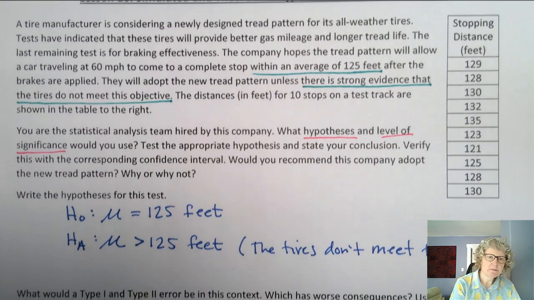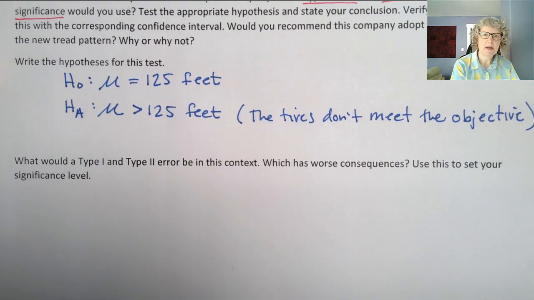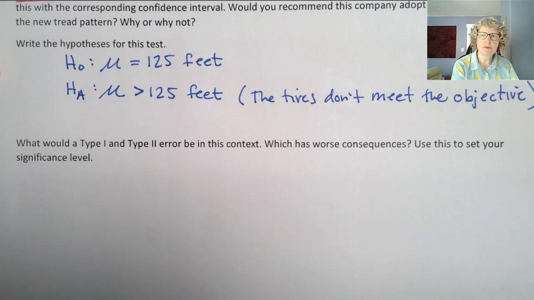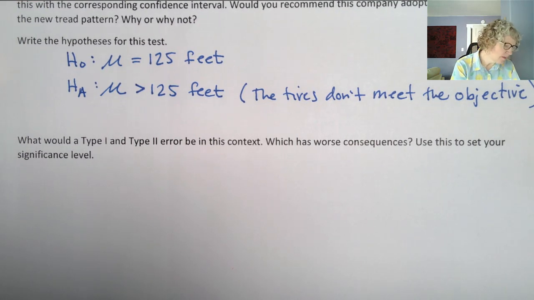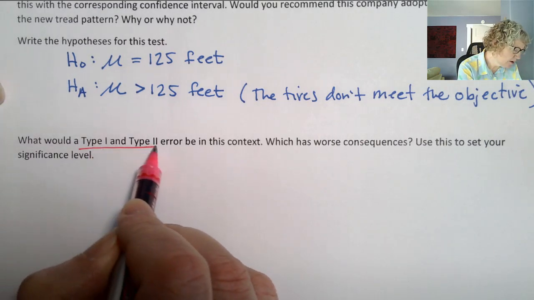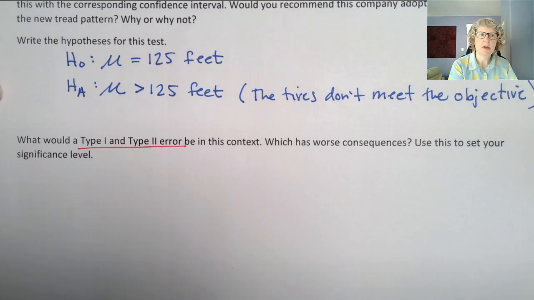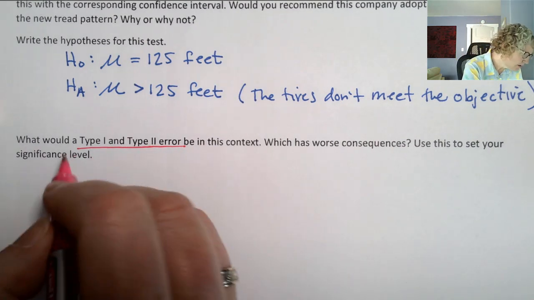Let's move this up here. What would a type 1 and type 2 error be in this context? Which has worse consequences? Use this to set your significance level. Remember, in order to set our significance level, we want to compare the type 1 and type 2 errors and see which one is worse, so we get some practice with that. So let's do a type 1.